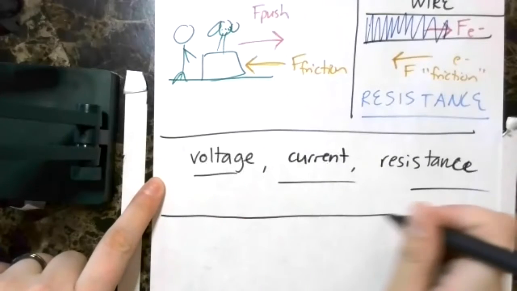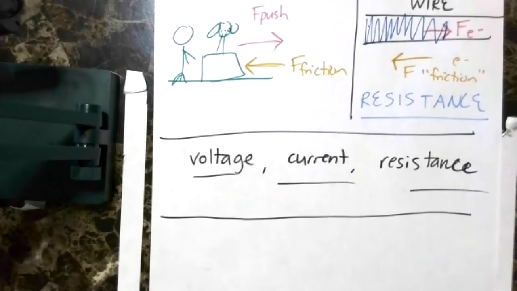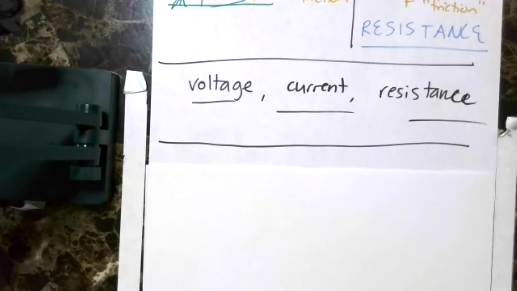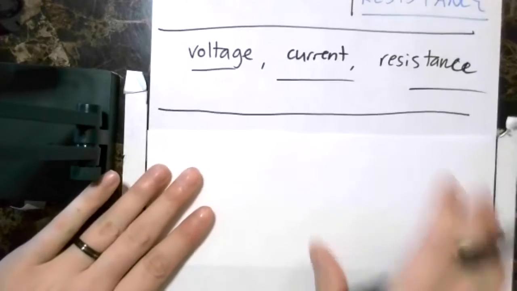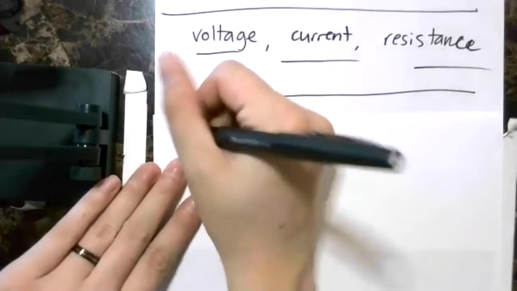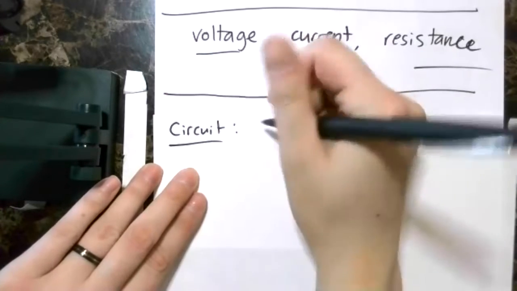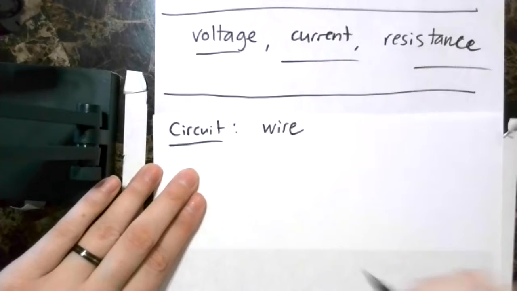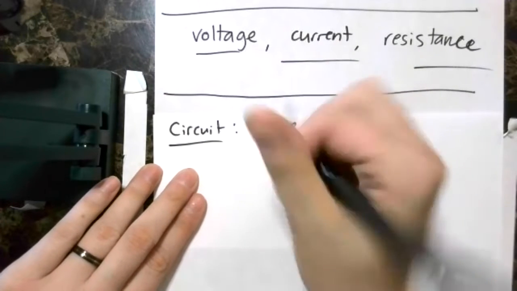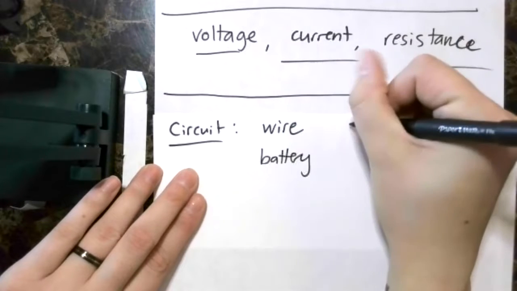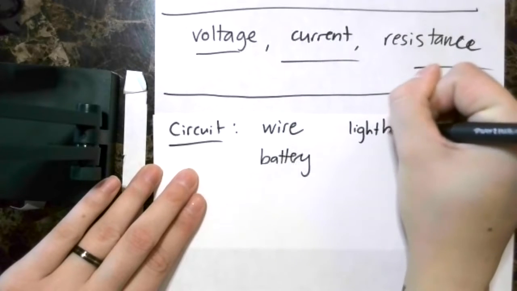And last time, we looked at a very simple circuit. That circuit consisted of a wire to connect everything together so the electrons can flow, a battery, and a light bulb.